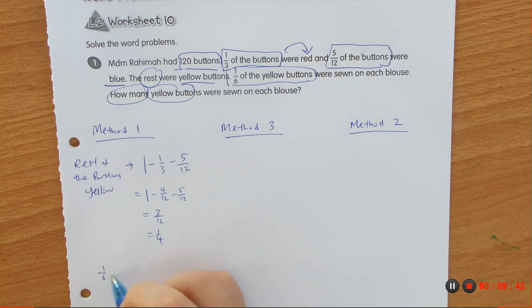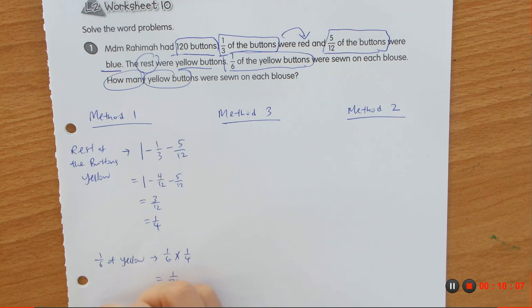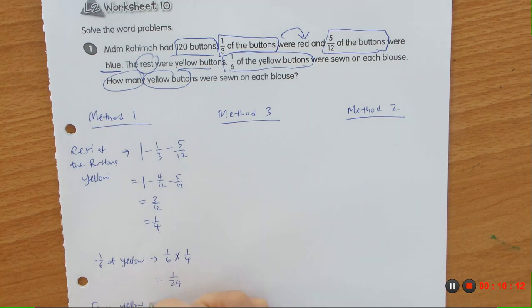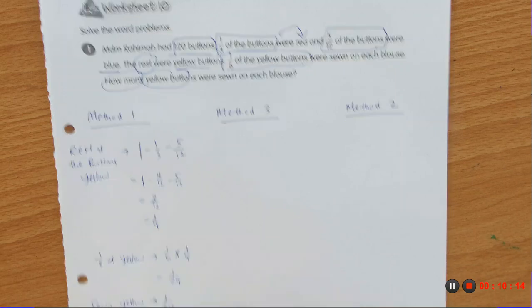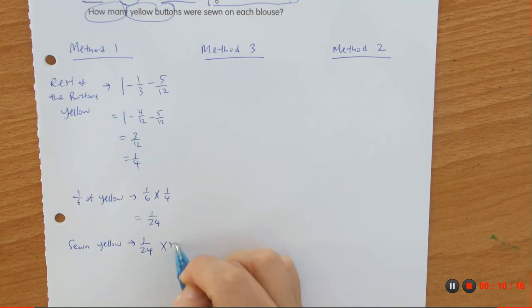So 1/6 of the yellow will be 1/6 times 1/4. That's 1 out of 24. Then there are 120 buttons. There will be 1 out of 24 multiplied by 120.